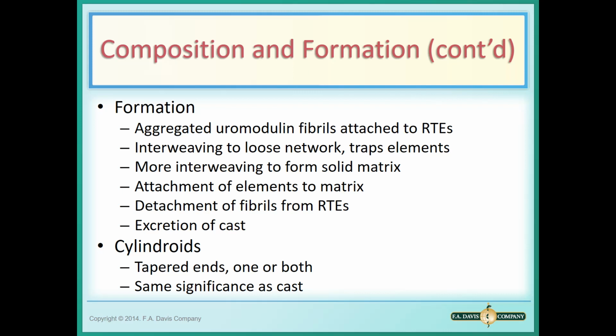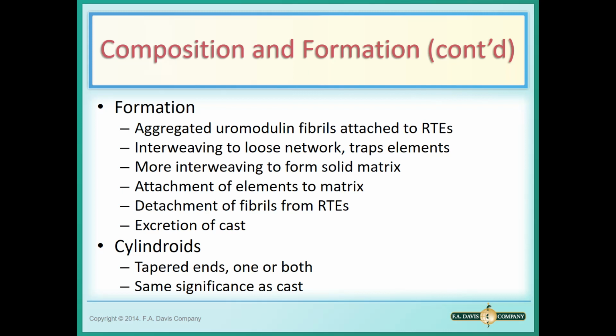The protein starts to build almost like a web or a network that starts to trap things, maybe some cells. Typically cells is the best thing. And more weaving of that protein happens until it forms this solid casing or matrix around the elements that are there. All of this ends up detaching from the tubular cells and gets excreted in the form of a cast.